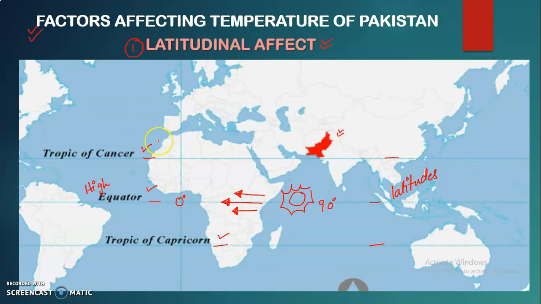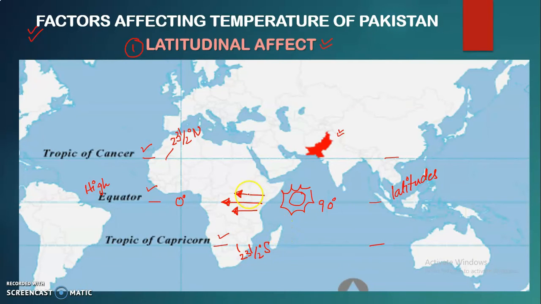The Tropic of Cancer is at 23.5 degrees north, and the Tropic of Capricorn is at 23.5 degrees south. So these are the latitudes on the screen, according to which you would judge the latitudinal effect on the temperature of Pakistan.